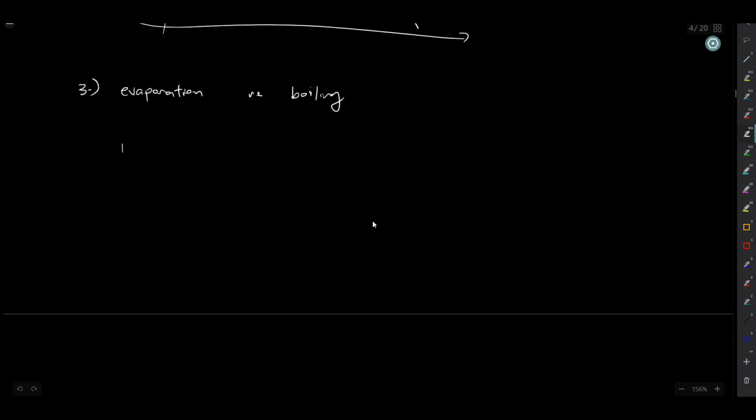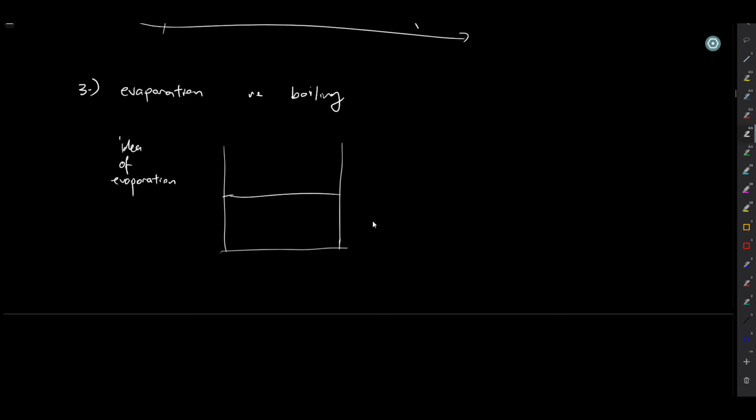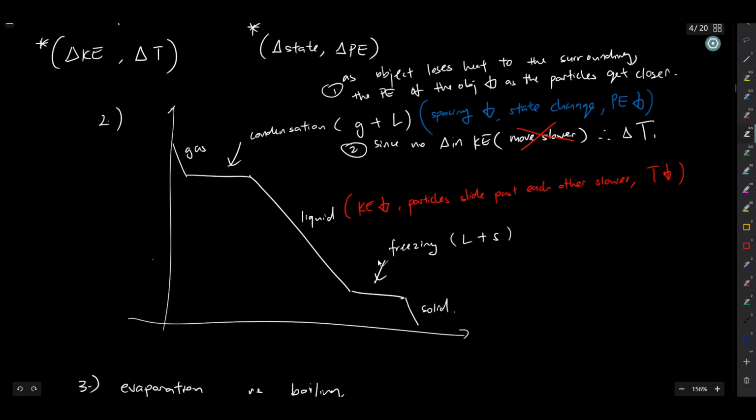Now the idea of evaporation is as such. Teacher, I want to ask something. Yes. When you talk about boiling, you have to talk about temperature being constant because the energy is being used to overcome the forces of attraction.